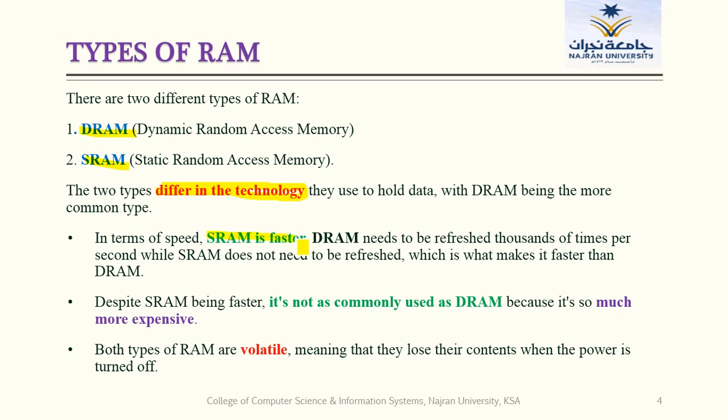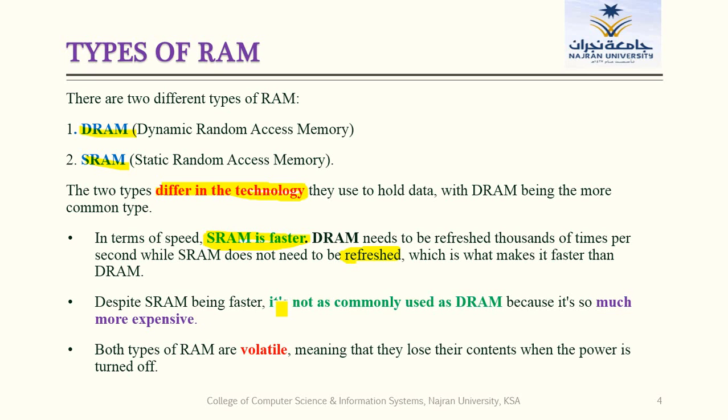We said SRAM is faster than DRAM because dynamic random access memory needs to refresh thousands of times per second. It requires refresh. So that's why SRAM is faster than DRAM.